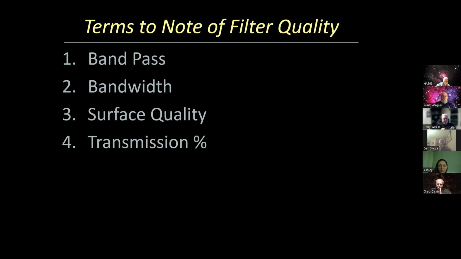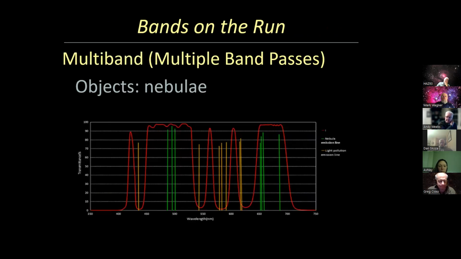Because you could have a great bandwidth, but if it's only transmitting 50% of the HA, that's not where you want to be. So just keep those terms in mind as you're looking at certain filters. We'll talk about why each of these are important and what they do.